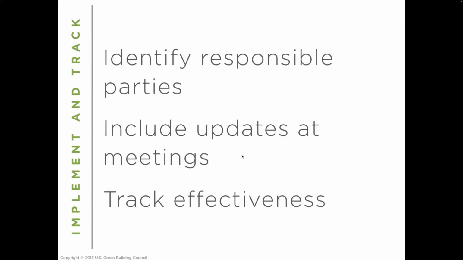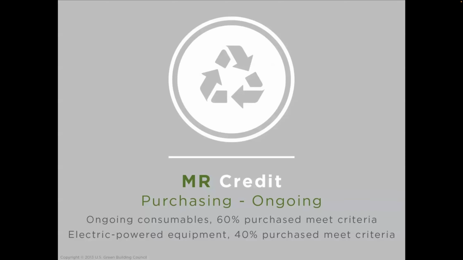Include updates at meetings. Again, you want to talk to people, like at staff meetings: hey, I hope everyone knows we have this new composting part of our waste diversion process, because if people don't know about it, they won't use it. And track effectiveness, again, kind of like auditing your waste diversion.